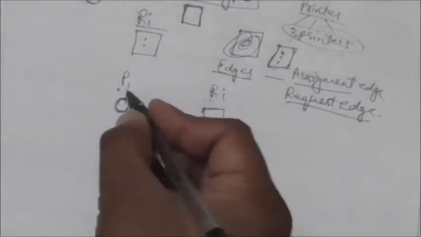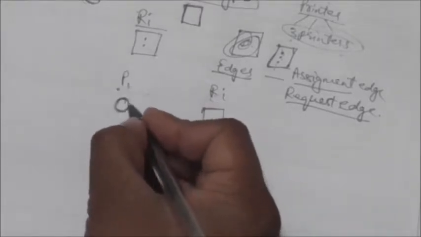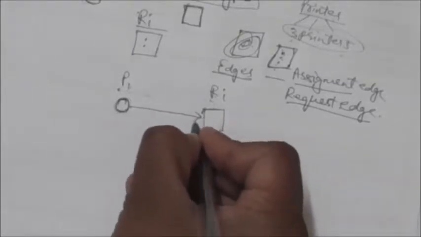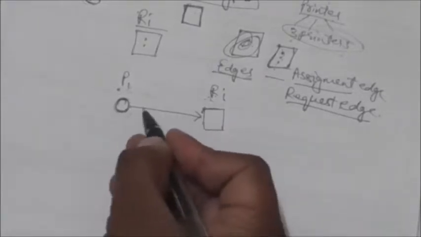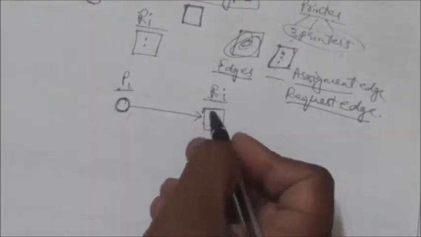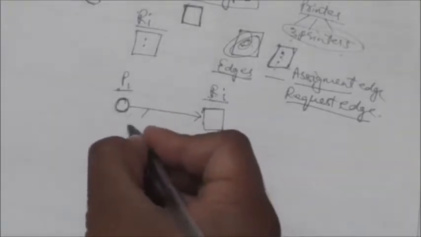So how will we represent it? We will represent it by making an edge from process P1 to resource type Ri, from this vertex to this vertex like this. So this edge represents that process P1 is requesting an instance of resource type Ri. So it is a request edge.